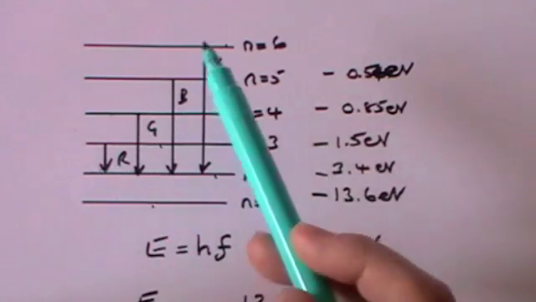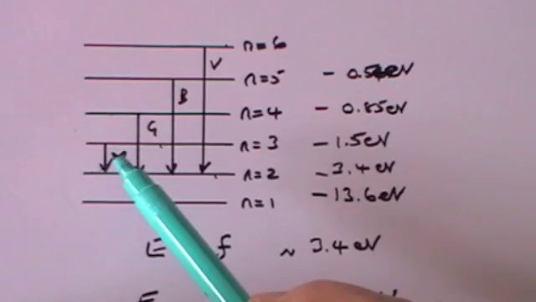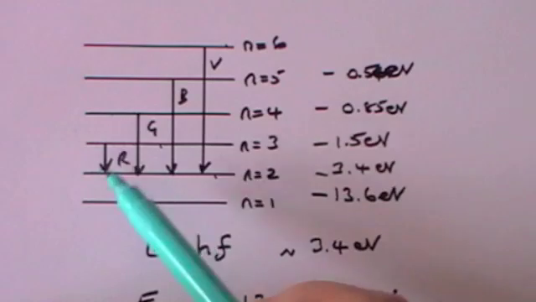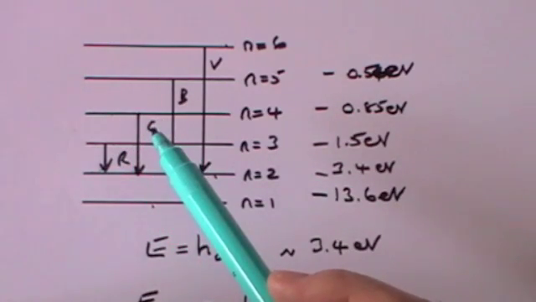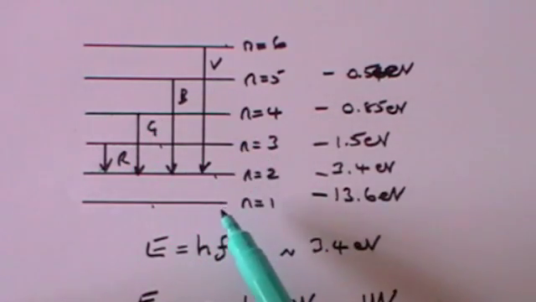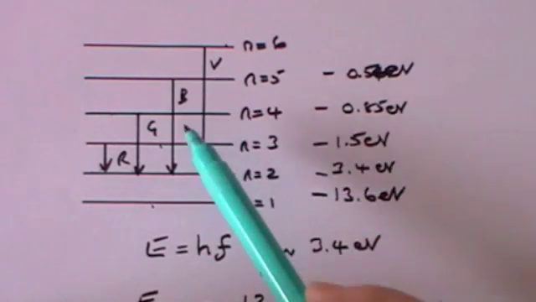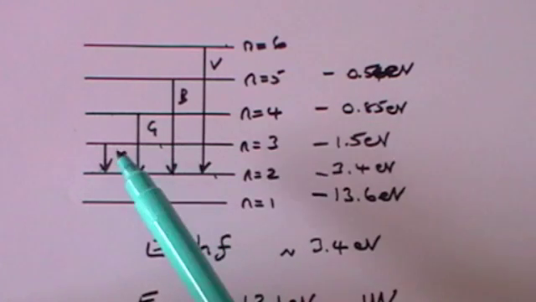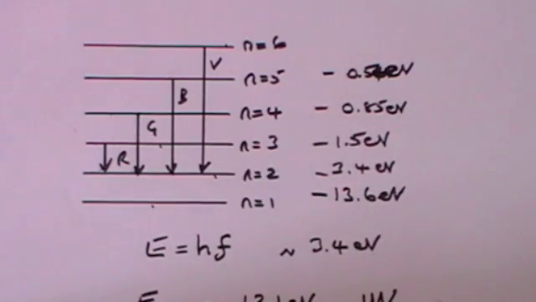As it happens, the only 4 transitions that result in visible light in the hydrogen spectrum are these 4. Everything else will either have a higher frequency because it's falling to the n equals 1 level, in which case it will be ultraviolet, or if it falls to n equals 3 or higher, it will have a very much smaller frequency than the red, which means it will be in the infrared.